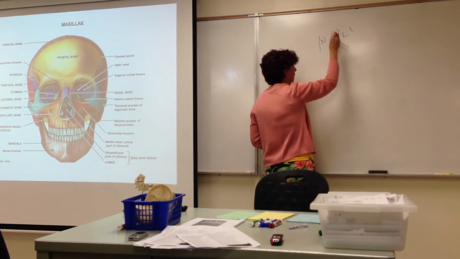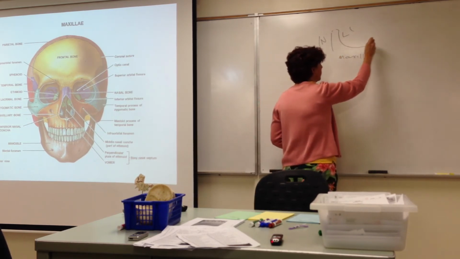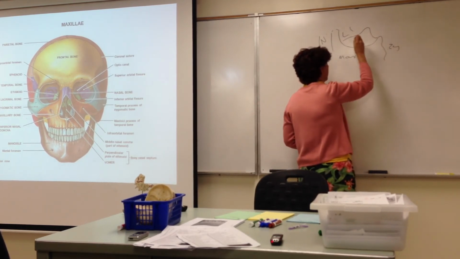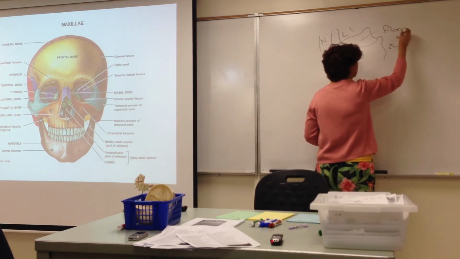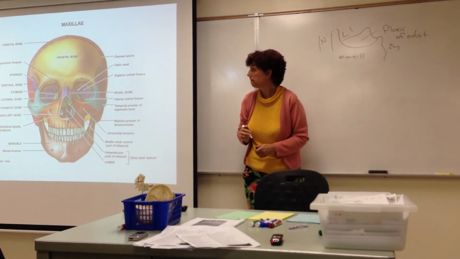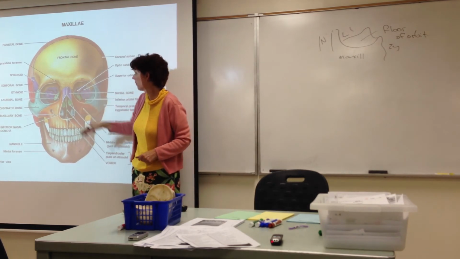So this would be part of the maxilla. And then as it curves around to meet the zygomatic bone, it's going to form part of the floor of the orbit. So right here, forming the floor of the orbit.